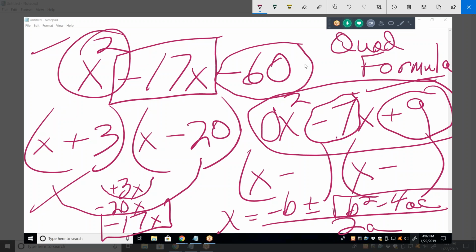So in this case, A would be 1, B would be -7, C would be +9. That will give you the answer to that quadratic, what the solutions would be. If that was all equal to 0, you would figure out what values of x make that true by using the quadratic formula.